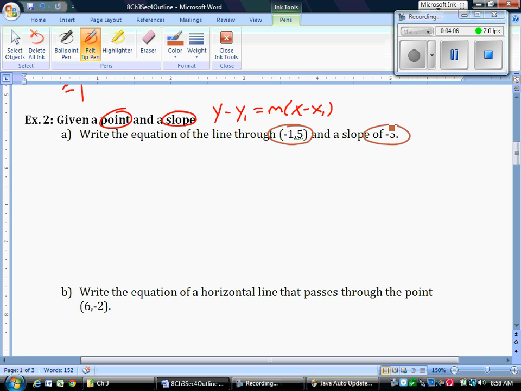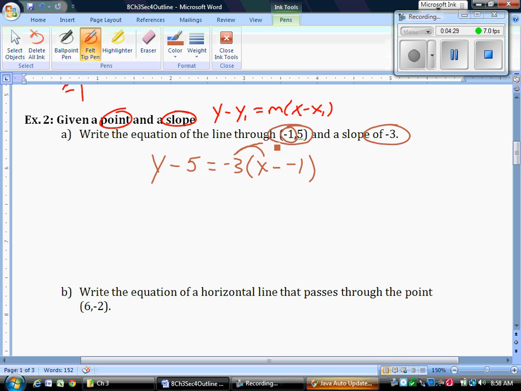So let's plug in what we know. My y coordinate is 5, so y minus 5 equals my slope times x minus my x coordinate, which is negative 1. Notice I didn't just write a minus sign; I have minus a negative 1. So now we simplify.